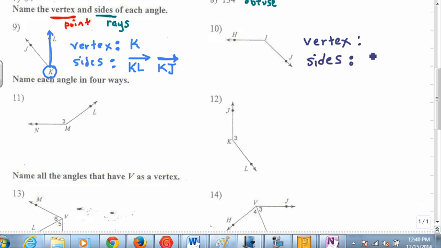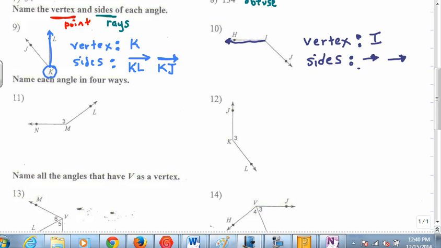Okay, what is the vertex in number 10? I. Once again, we make our rays with the arrows going to the right. Even though the arrow in the picture goes to the left, we still have to put it to the right.